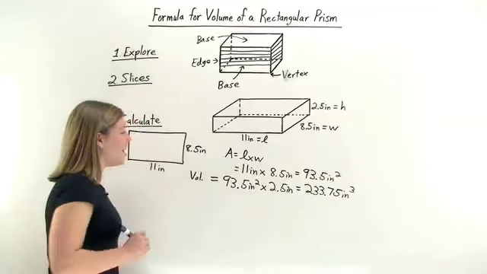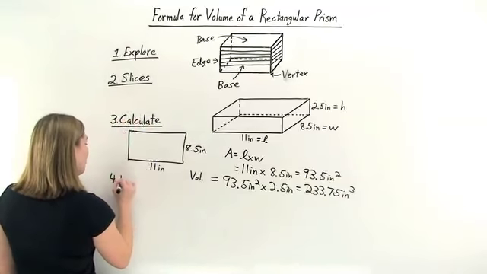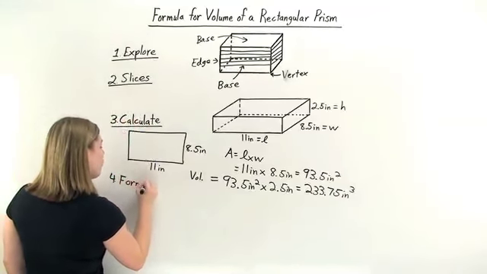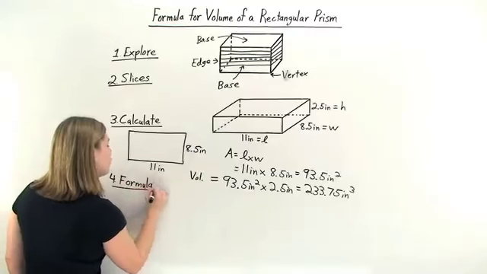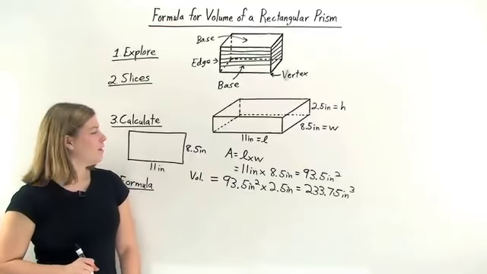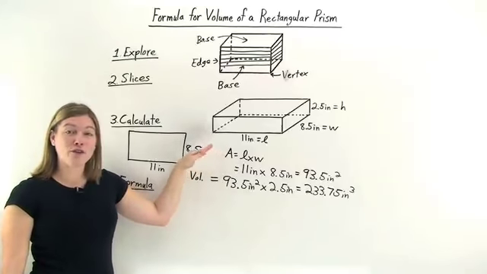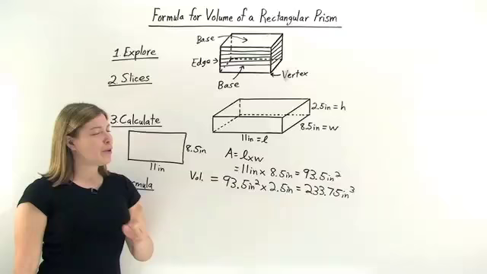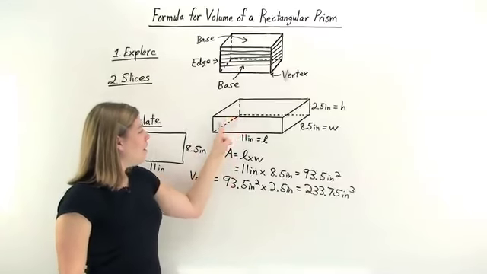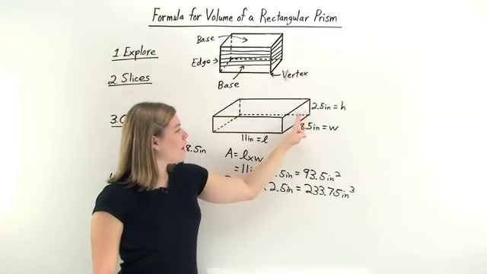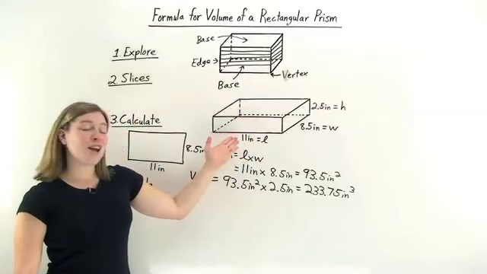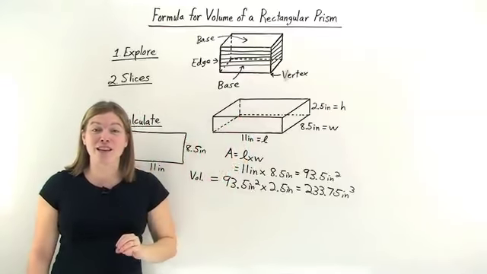So let's go ahead and see if we can take what we've done here and generalize it into a formula that we can use to find the volume of any rectangular prism. Well, what did we do? First, we took the area of just one of those pieces of paper. But notice what that is in the rectangular prism. That is the area of this rectangle here, the area of one of the rectangular bases.